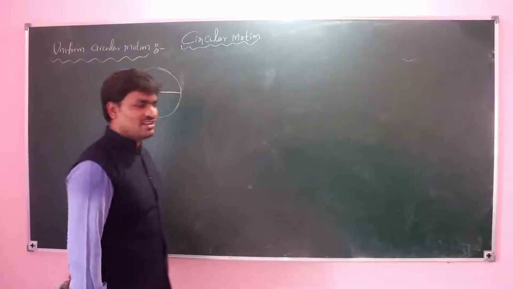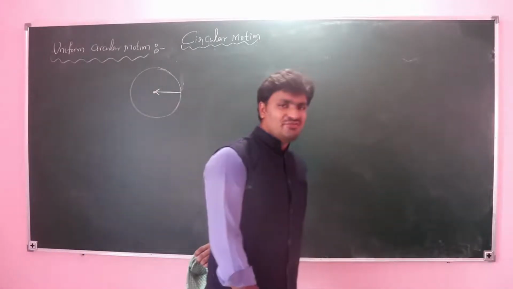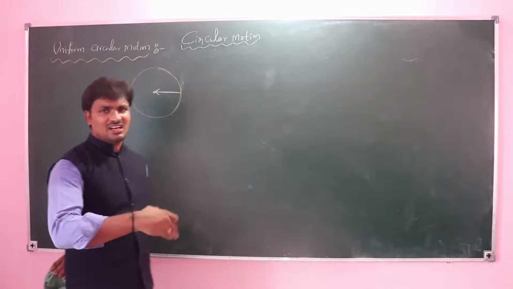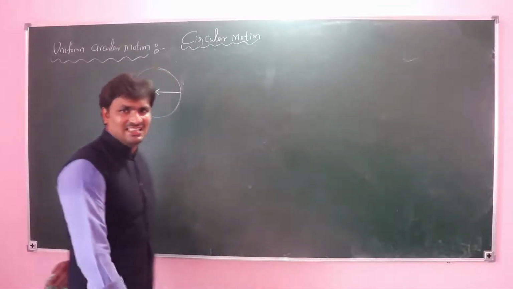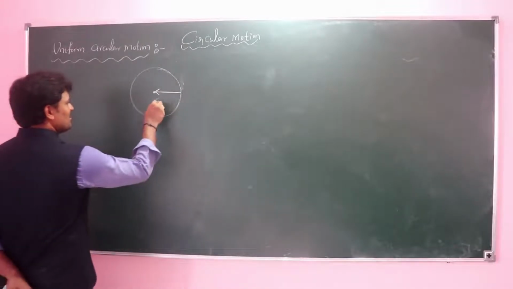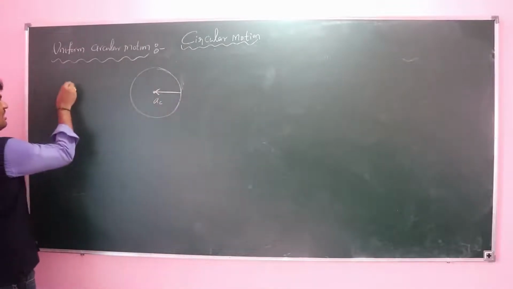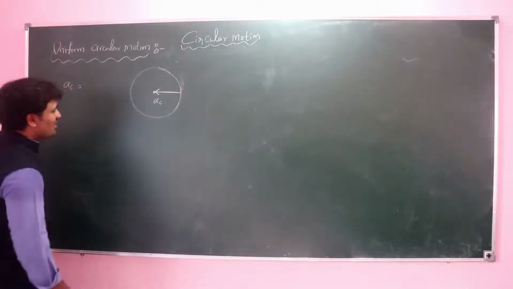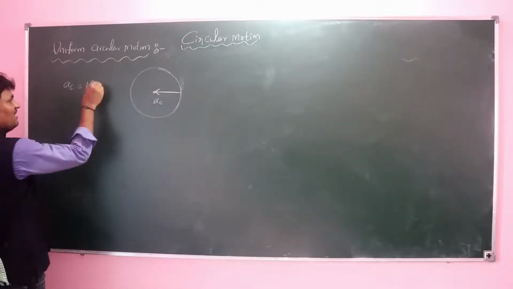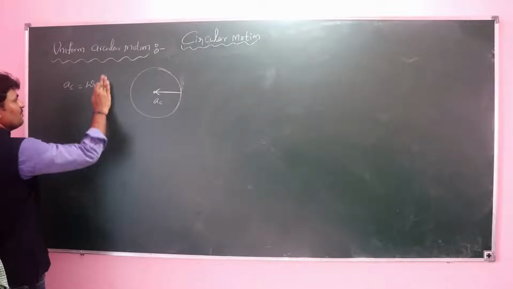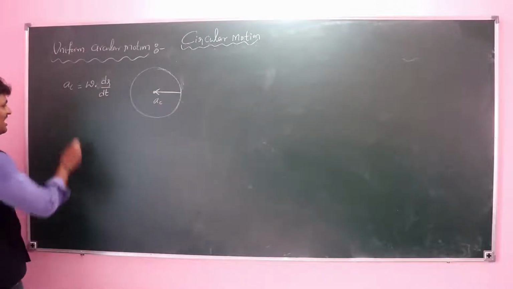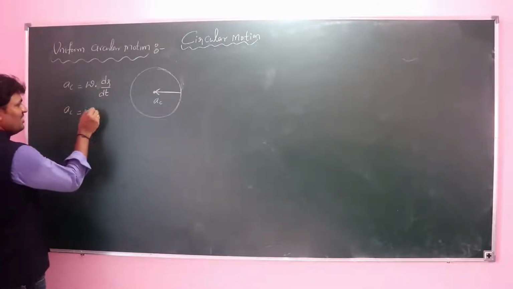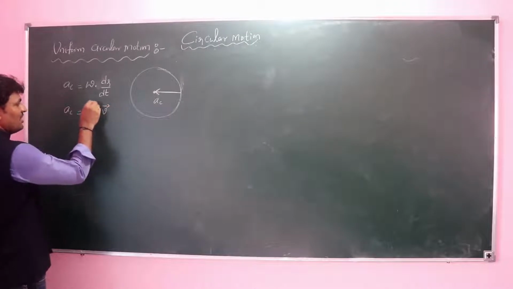So in uniform circular motion, if a particle is moving along the circular path, the acceleration of the particle acting towards the center, we call centripetal acceleration. The centripetal acceleration equation is omega cross dr by dt, where dr by dt is called radial velocity. Then omega bar cross v bar you can write.